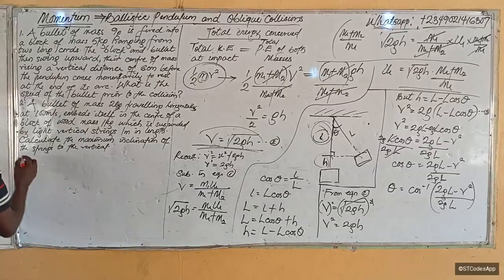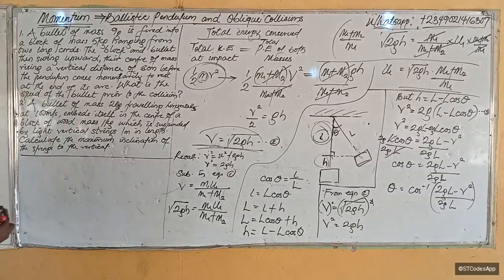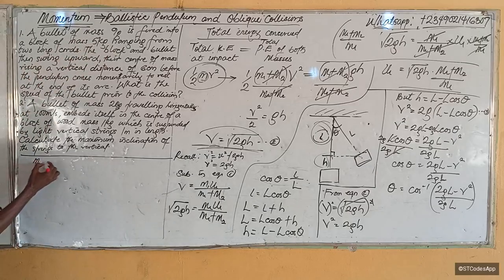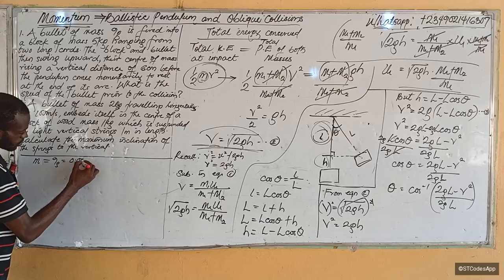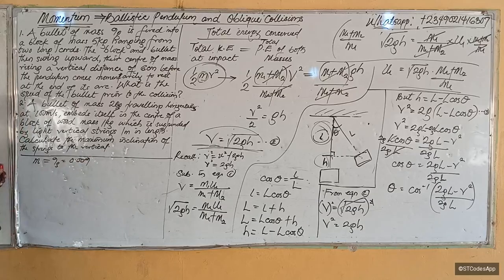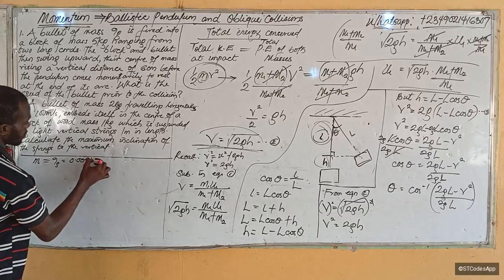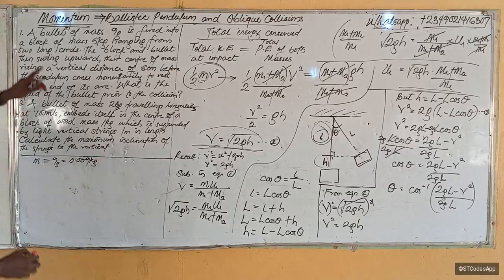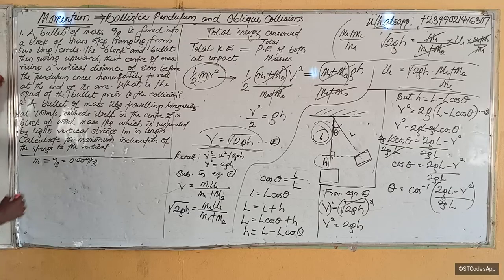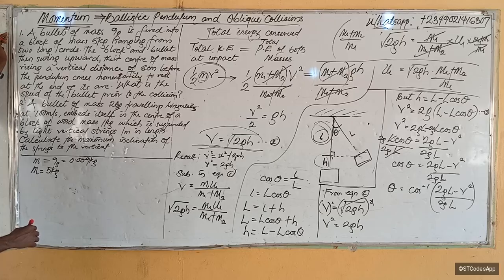The first one says that a bullet of mass 9 grams, so the mass of the bullet, small m, is 9 grams, so that will be 0.009 kilograms. You divide by 1,000, right? It's fired into a block of mass 5 kg, hanging from two long cords.